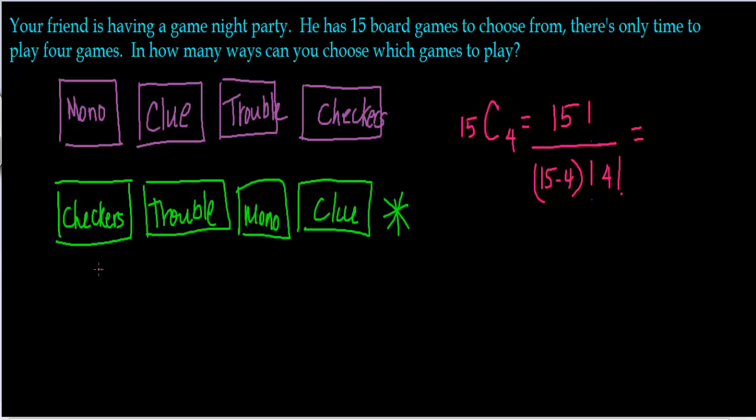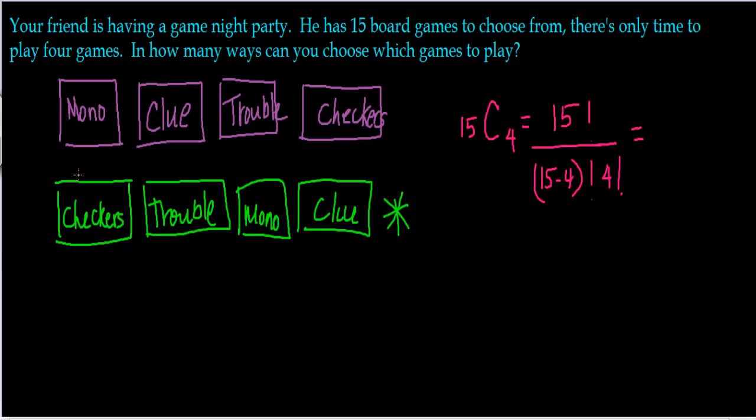I end up choosing Checkers first. Great, we play Checkers first. That's a quick game. Then the second option I chose is Trouble, so we play Trouble second, another short game, and then Monopoly is the third option, etc. As you can see, this arrangement is very different from the first one, because here the order matters. The first one I chose was the first one I was going to play.